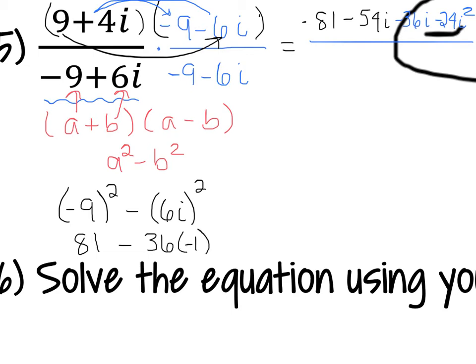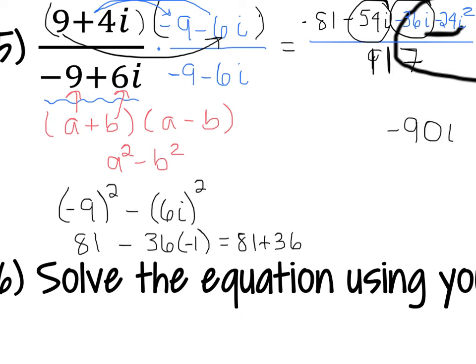So in our denominator, it's really 81 plus 36, getting me a denominator of 117. So my top, now I just need to combine some like terms. So we have negative 54i and negative 36i. That's going to combine to become negative 90i.